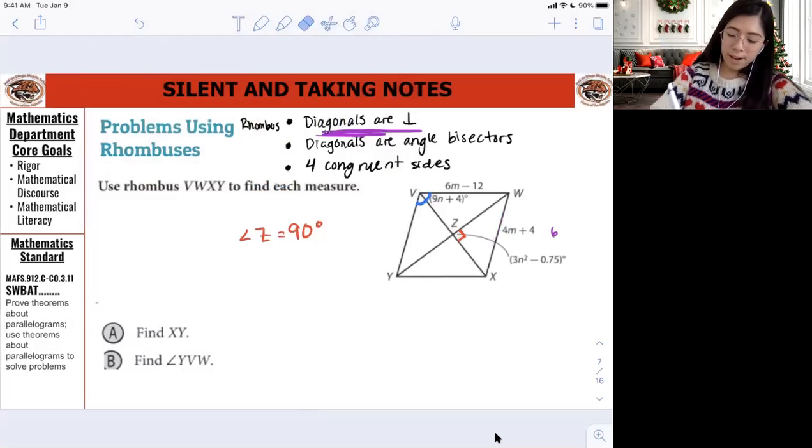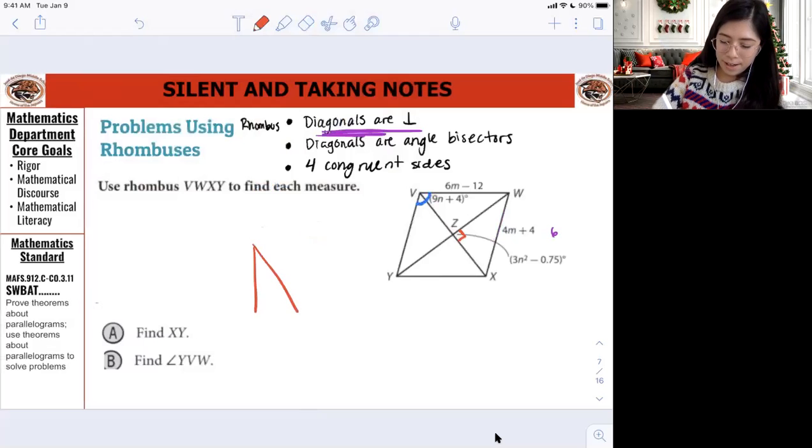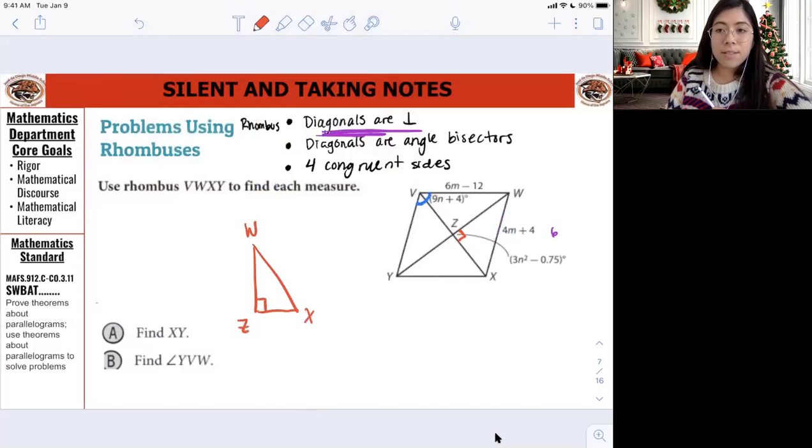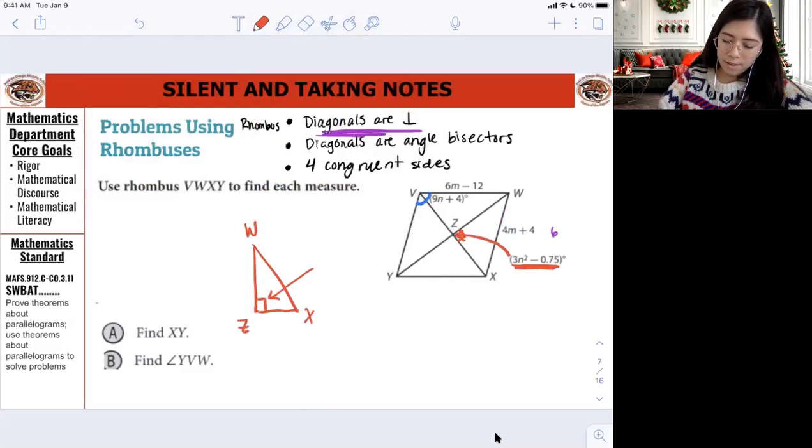Okay, I'm gonna break this down as far as I possibly can. I'm gonna pull this guy out. I have ZWX, which is 90 degrees. Agree? 90 degrees? We agree. I'm not making that up, right? Okay. I also know that this angle is equal to 3n squared minus 0.75.